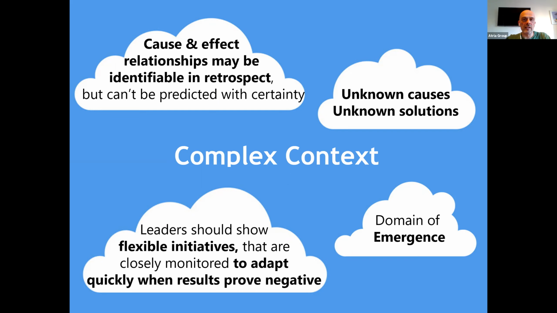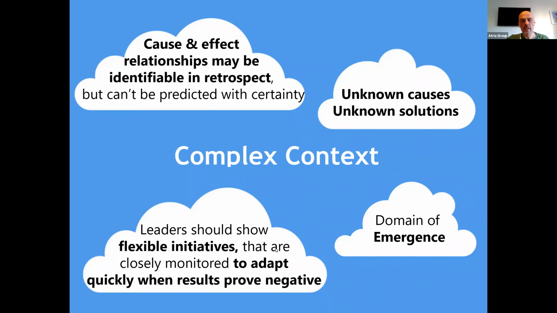And then we can learn from it, and then we will see what works, what doesn't work. But in this case, strategy will emerge through time, and it will emerge from our activity. We cannot learn it from someone else. And of course, leaders need to be flexible enough, if something doesn't work, to stop this activity as soon as possible.